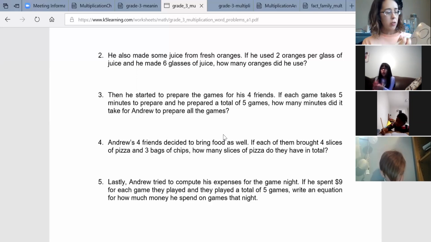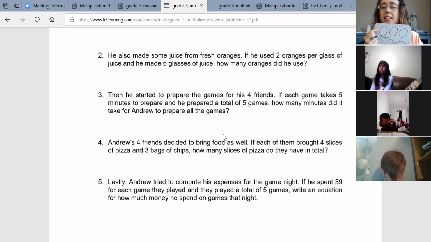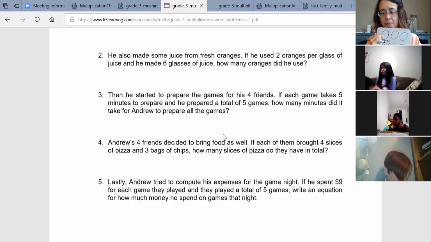If he used 2 oranges for each glass of juice and he made 6 glasses of juice, how many oranges did he use? So the 6 circles, is that for the cups or is that for the oranges? It's for the cup, right? Yes, the 6 is for the cups.